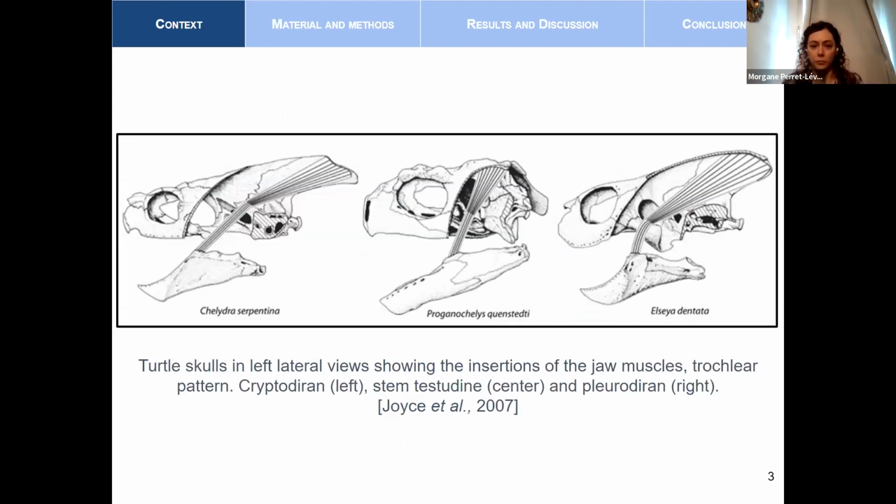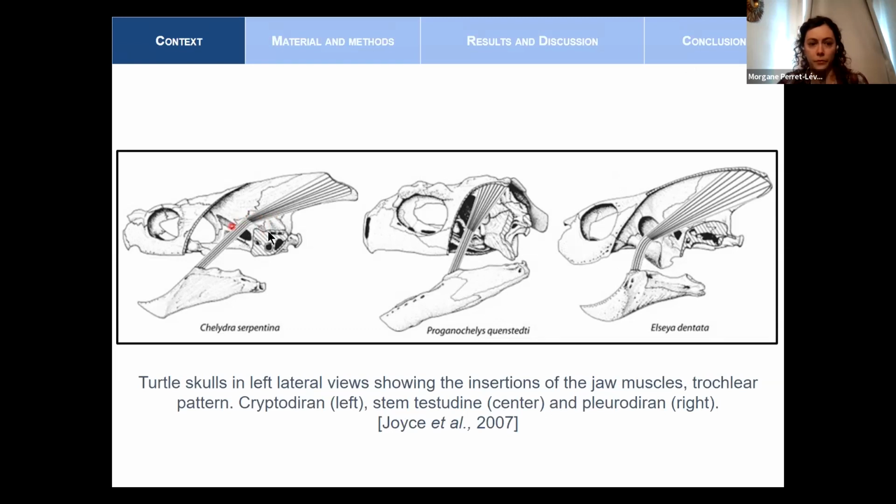The insertion of the muscle linked to this retraction forms processes, not in the same place for both suborders. I don't know if you can see my little red light. For the Cryptodira, it is on the otic region, and for the Pleurodira, it is in the pterygoid region.